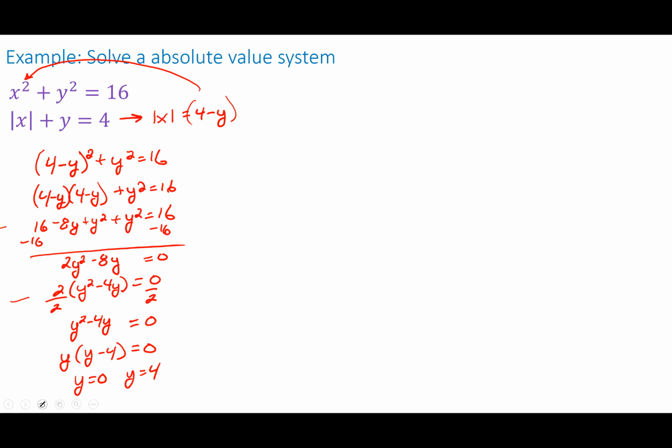So we're halfway there. Now we still have to find x that goes with these pairs. All right, I'm going to use the first one, x squared plus y squared equals 16. So if I were to look when y is equal to 0, I'm going to have x squared plus 0 squared equals 16.